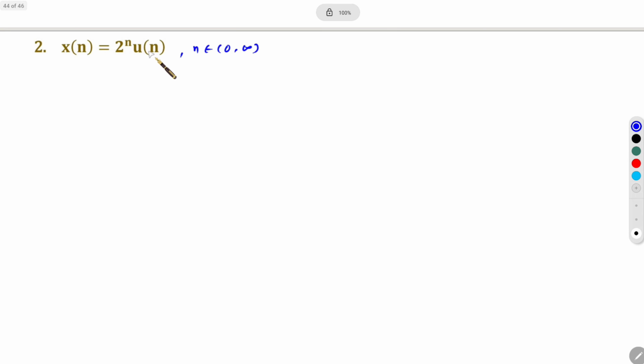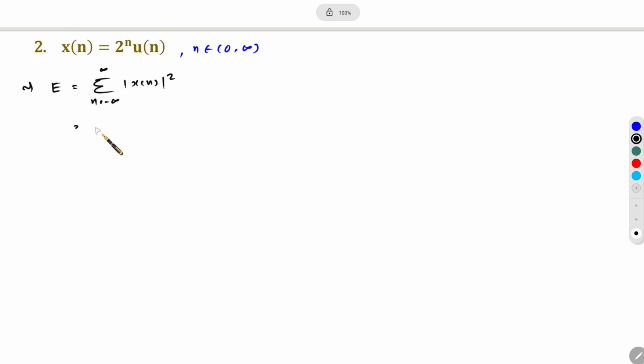Right. u[n] is the unit step signal that is having range from n equals 0 to n equals infinity. Now simply here I'll be applying the same equation of energy. So here energy is the summation where small n is ranging from minus infinity to plus infinity of x[n] squared.